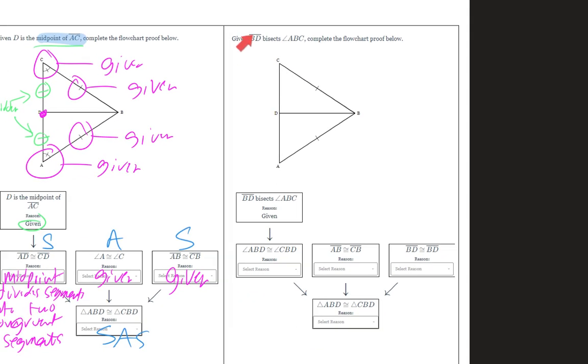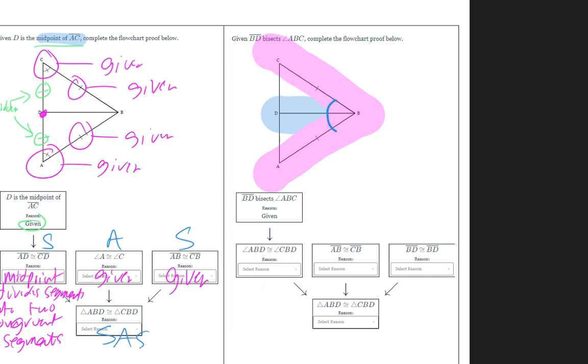Given that BD bisects angle ABC. Okay, well, if it bisects that angle, that means it makes two separate angles, right? So that means ABD is congruent with CBD.